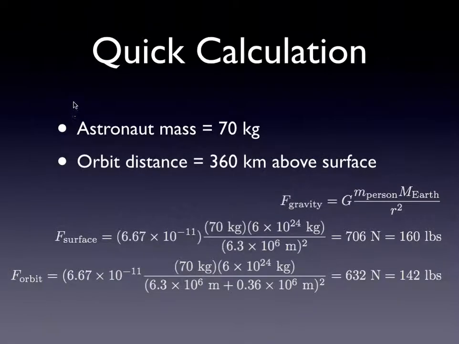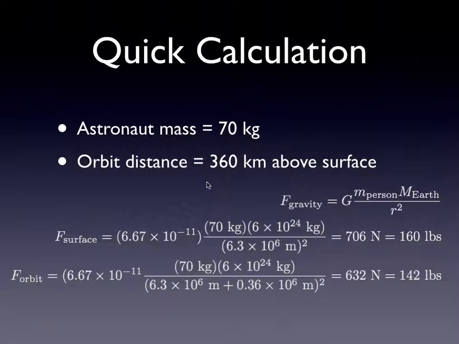Let's do a quick calculation. Let's say I have an astronaut with a mass of 70 kilograms. The International Space Station orbits around 360 kilometers above the surface of the Earth. So I can calculate the gravitational force on the surface of the Earth and the gravitational force in orbit.